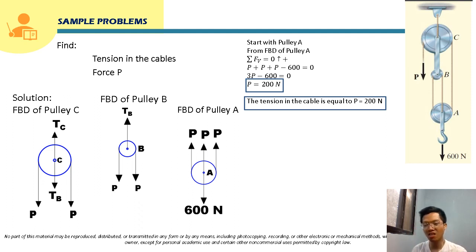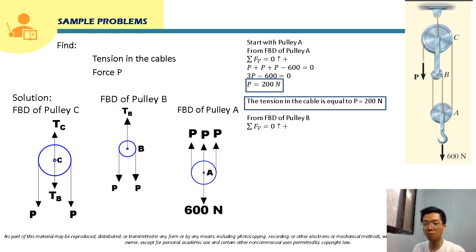Just in case we are also asked to solve for, let's say, TC and TB, we can also solve them by using the free body diagram of Pulley B and Pulley C. Using the free body diagram of Pulley B, since we have already solved for the value of P, we can solve for TB.